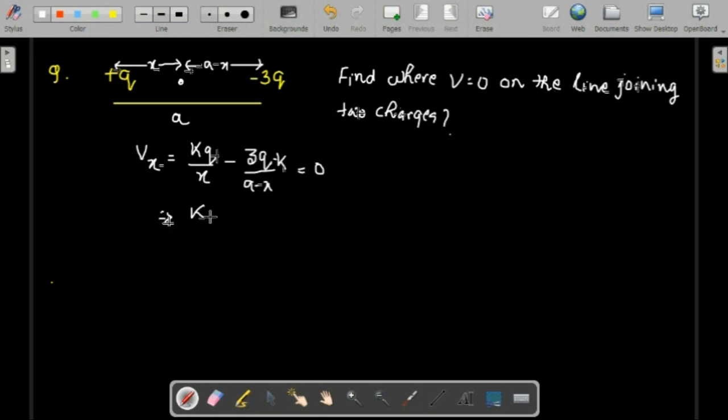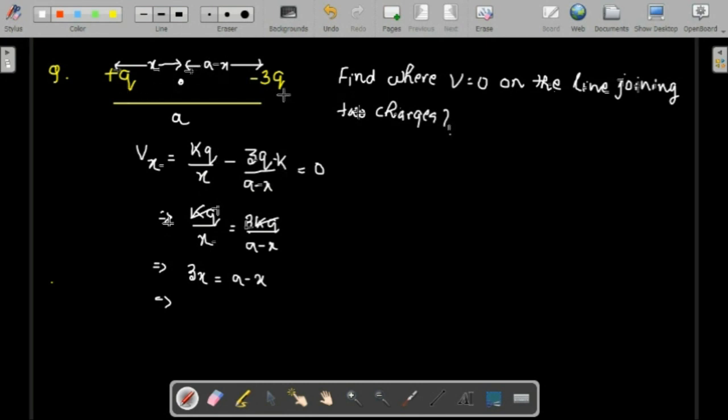So I write kq divided by x is equal to 3kq divided by a minus x. This kq and this kq get cancelled. Taking it to the other side and simplifying, do the cross multiplication: 3x is equal to a minus x. I have to find x because x is the unknown.